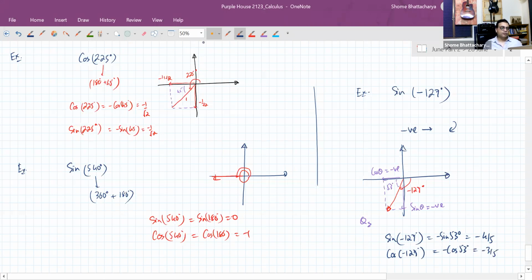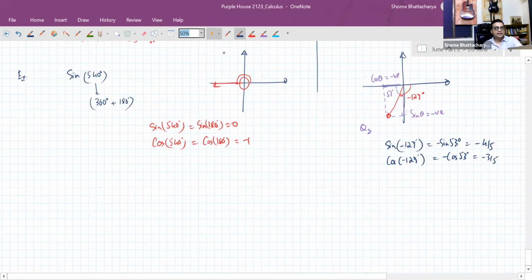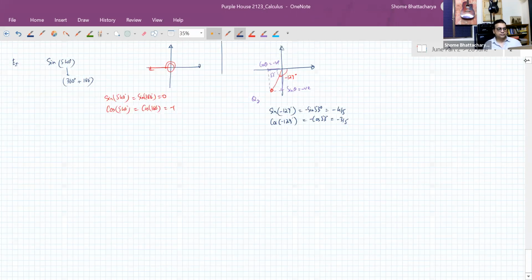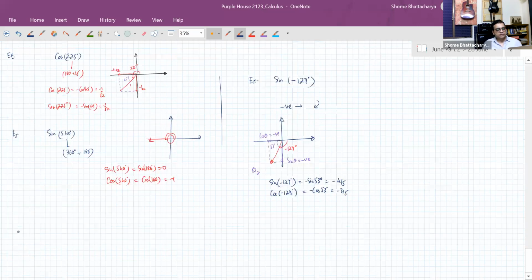So you don't have to rely on any formulae and memorizing things. Whatever angle is given to you, you can just visualize it. Like if I give an angle, theta equal to, let's say, 5 pi by 3, and I want to find cos theta and sine theta.